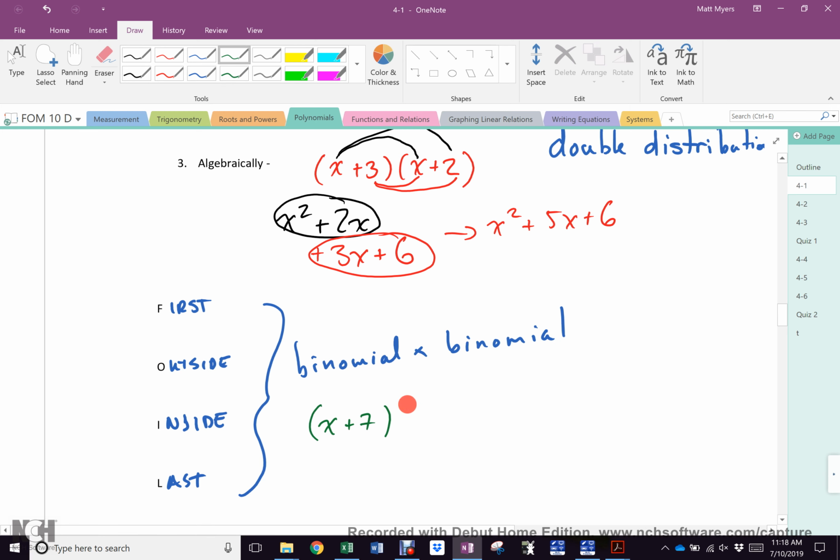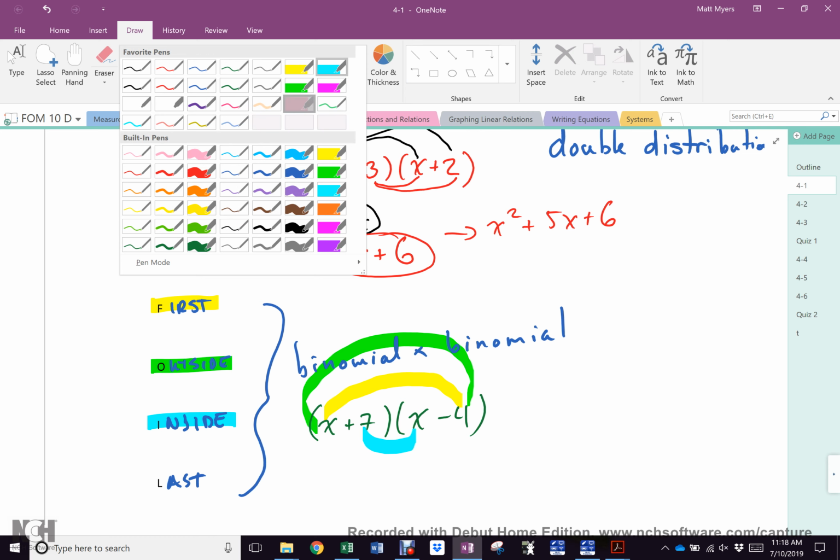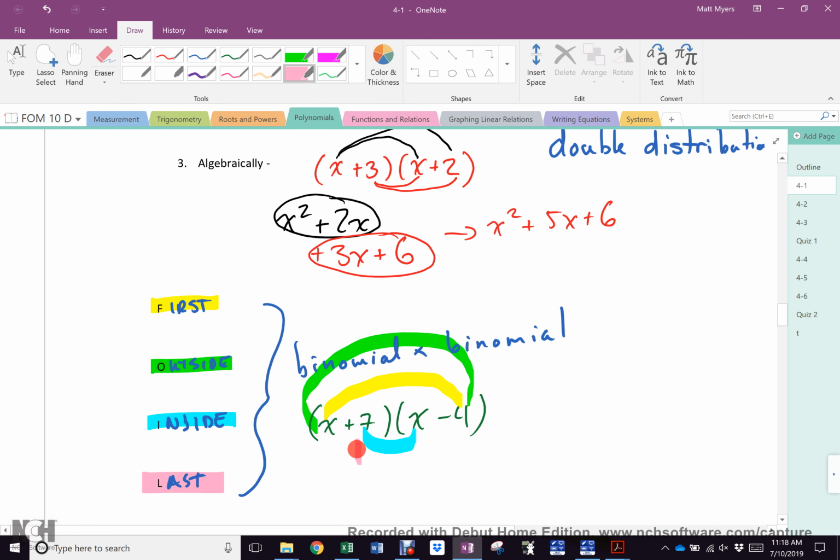We write another binomial x minus 4. And we can do this. First. Outside, the outside pair. Inside, the inside pair. And last, the last two.